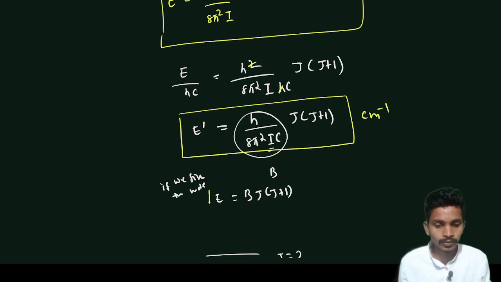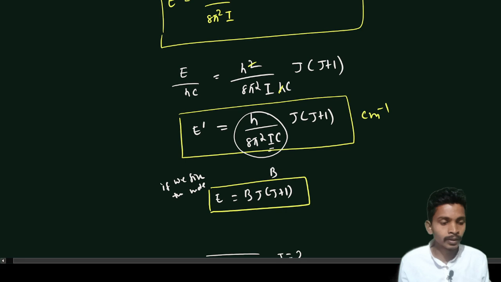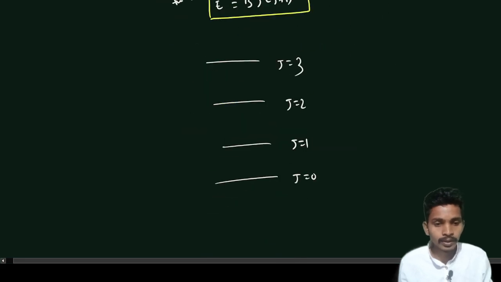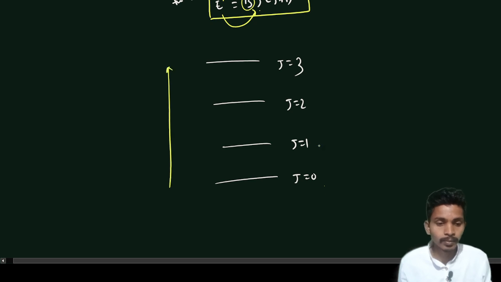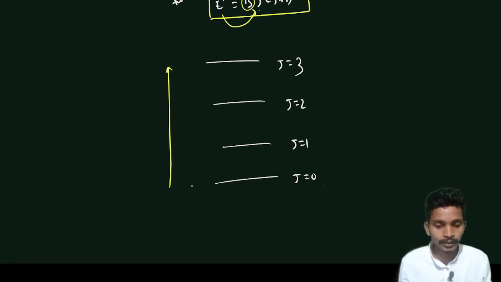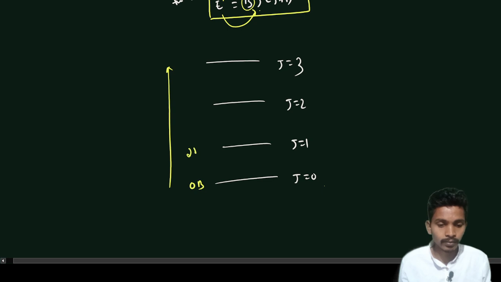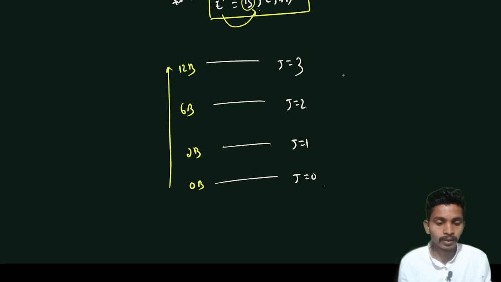This is the equation. So this energy depends only on J, because B is constant for a particular molecule. If you change J from 0 to 1 and so on, the values become 0, 2B, 6B, 12B.